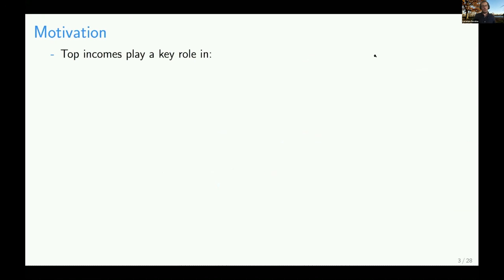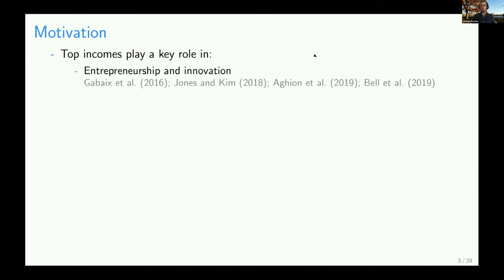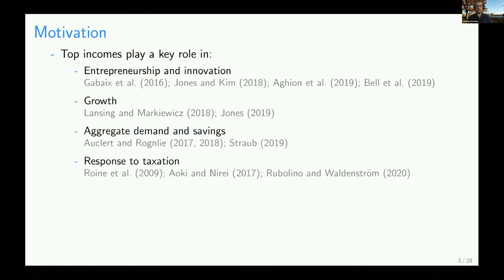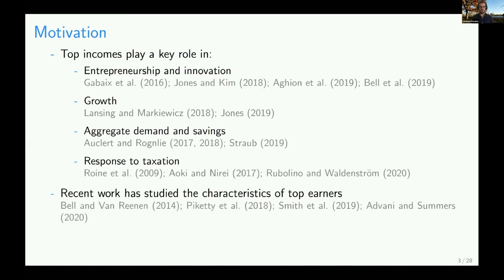All right. So top incomes. Let me jump in by saying that there's a large literature in economics that shows that top incomes play a key role in entrepreneurship and innovation, economic growth, and also at the macroeconomic level in aggregate demand and savings. And top incomes have been shown to be key in the analysis of the response to taxation.